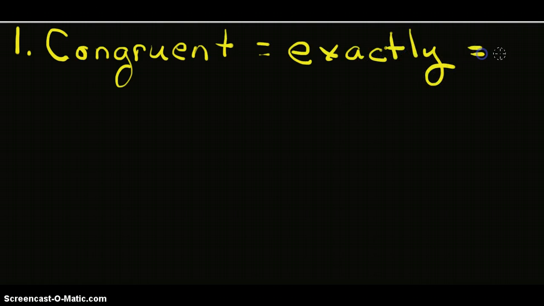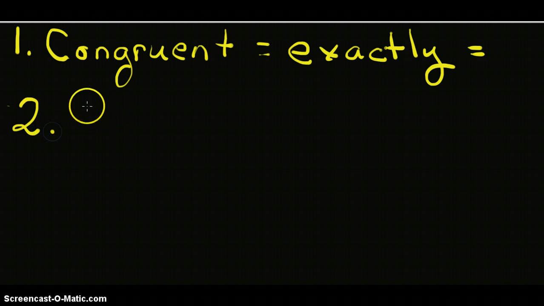They would be exactly the same. So if in a word problem somewhere they were to say which angle is congruent to angle whatever, you would know that you were looking for an angle that is precisely the same measurement, not anything different.